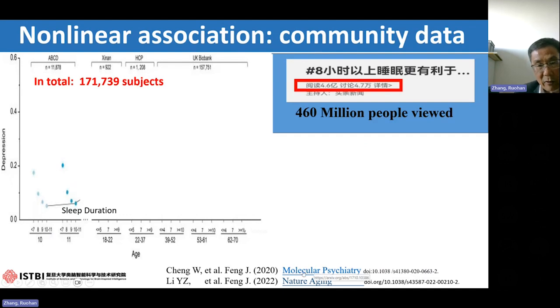For 10 and 11 year old children, the more you sleep, the better. That was published a few years back. When I gave a talk on this in China, around 500 million people viewed the video. I'm very happy, since it is for public health: the more you sleep, the better your brain.